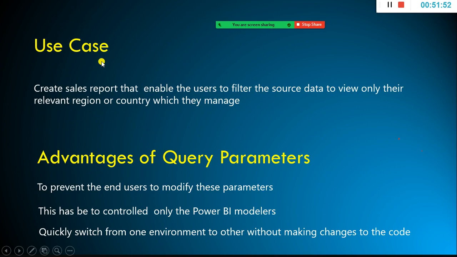These are different use cases. This is one of the requirements. Let's say you created a sales report. In that sales report, you did all kinds of data model design, the full-blown star schema design.